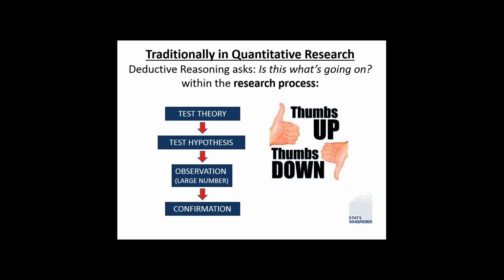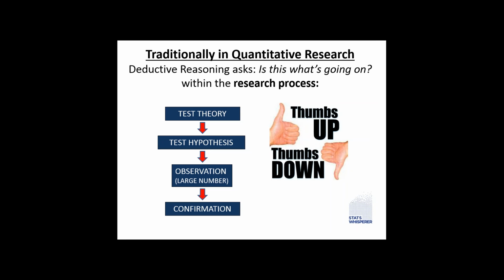we get into the classic role of quantitative research, right, which involves more of deductive reasoning, which kind of confirms, is this what's going on, right, within the research process? So the ball's taken from the qualitative court into the quantitative court, right? So the tentative hypotheses and the theories developed are now going to be tested, right?